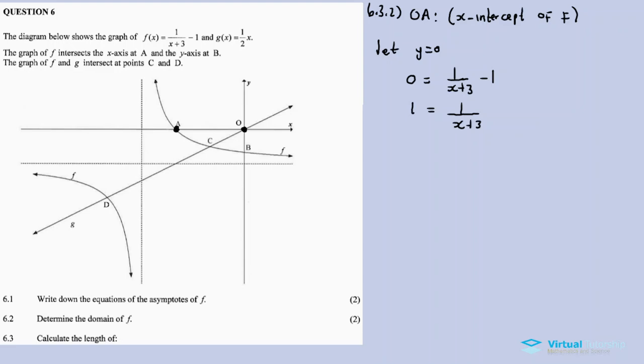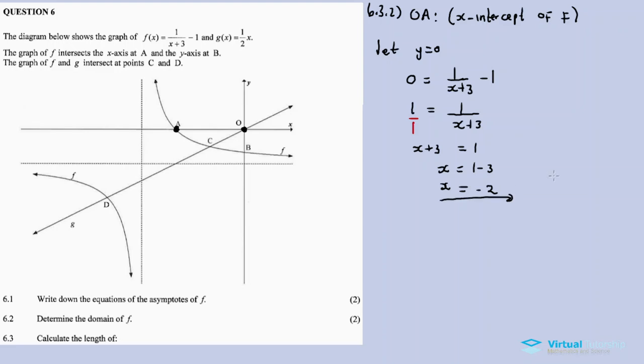Now I have +1, and then I divide the left hand side by 1 so that I can create a fraction so that I can cross multiply. After cross multiplication, 1 times x plus 3 is x plus 3, and 1 times 1 is 1. So then we solve for x, and x is equal to negative 2.